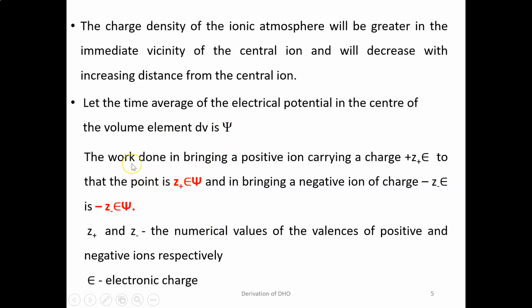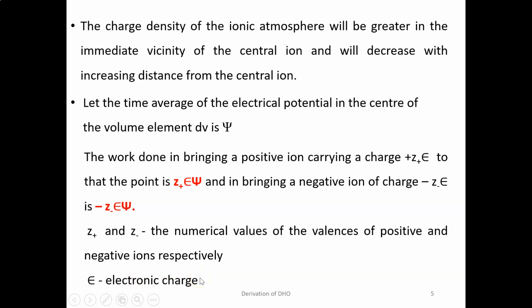And the work that has to be done for bringing this ion to the volume element dV is, in the case of positive ions, Z+ epsilon psi. In the case of negative ions, it will be Z- epsilon psi. So Z+ and Z- are the valencies of the ions, and epsilon is the electronic charge.